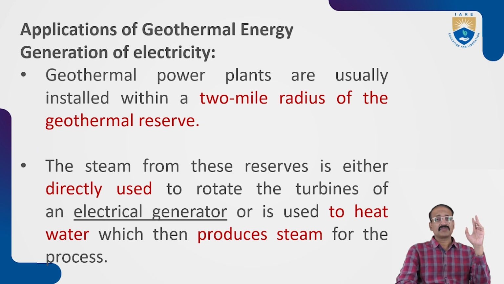Or we may use the hot water in the reservoir to heat other water, which did not come from the hot reservoir, and that water becomes steam, and that steam will rotate the turbine. So this is the indirect method.